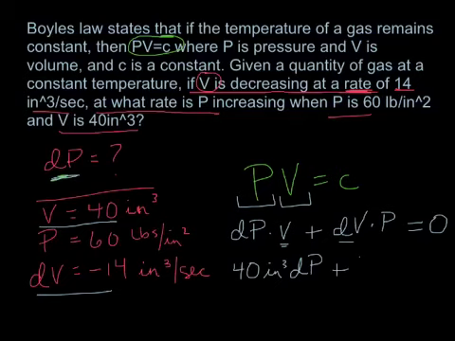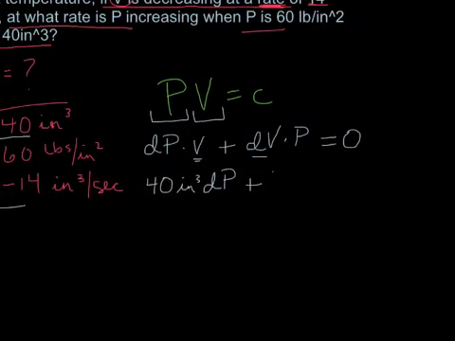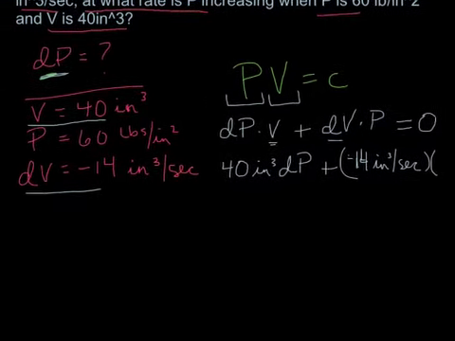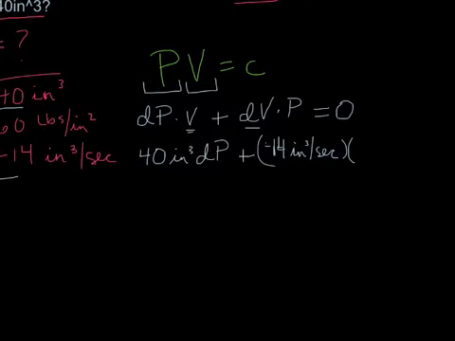I got to scoot this over. Negative 14 inches cubed per second. That's dV times P. Oops, I can't see P. P is 60 pounds per inches squared. And that's going to equal 0.